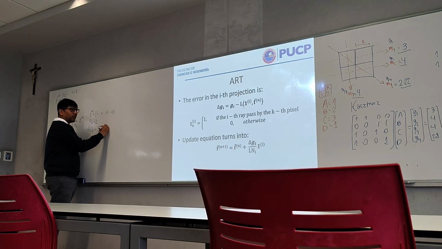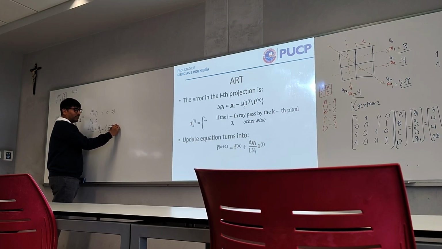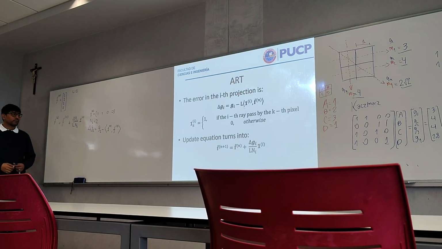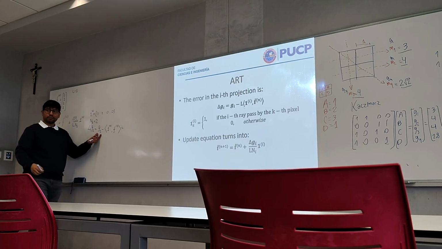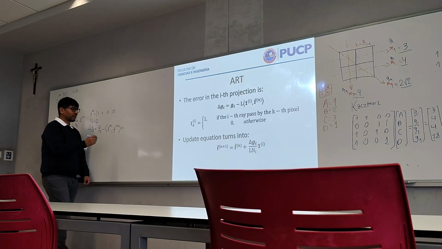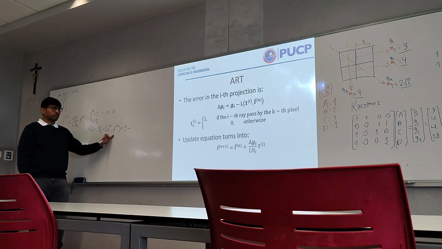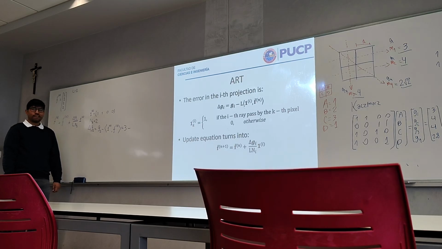That is, G1 minus the inner product of the vector 1, 1, 0, 0 and f0, the first guess that we have. How much is G1? 3. How much is this product? 2.